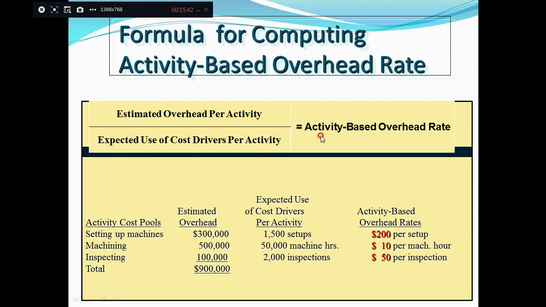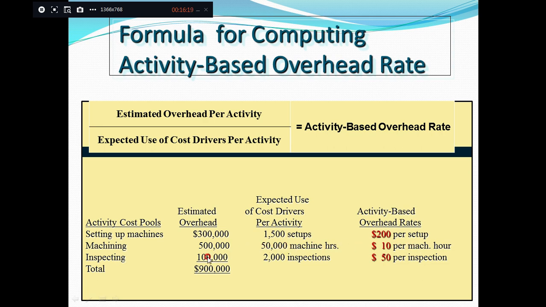For each cost pool, the estimated overhead cost was given: 300,000 for setting up machines, 500,000 for machining, and 100,000 for inspection. Dividing 300,000 by 1,500, we get $200 per setup. For machining, dividing 500,000 by 50,000, we get $10 per machine hour.